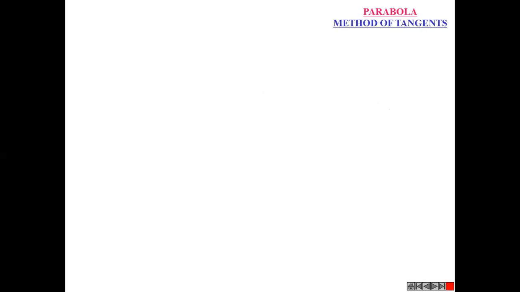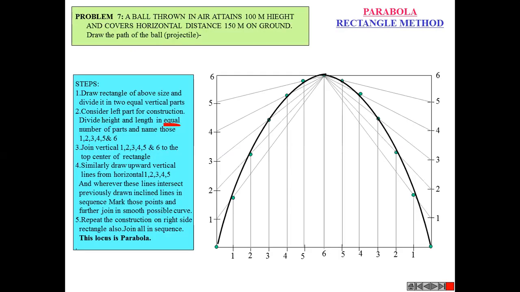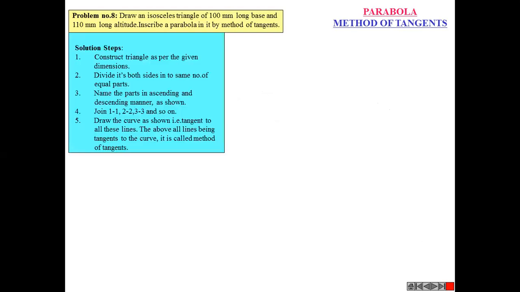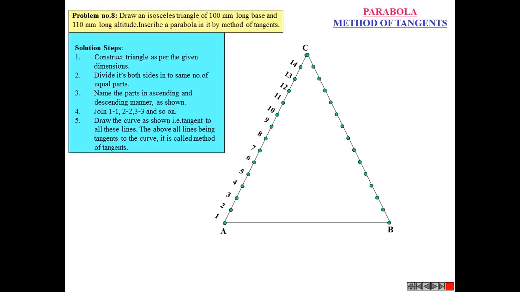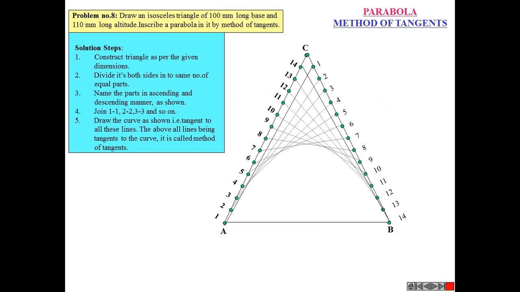Then we discussed the importance of an equal number of parts: the higher the number of parts, the better the accuracy, etc. Then we saw another method called the method of tangents. Like this we join different points, and ultimately we got a parabola from that.